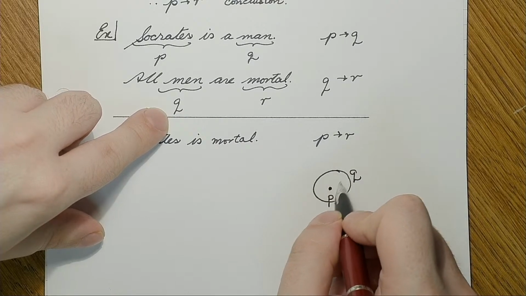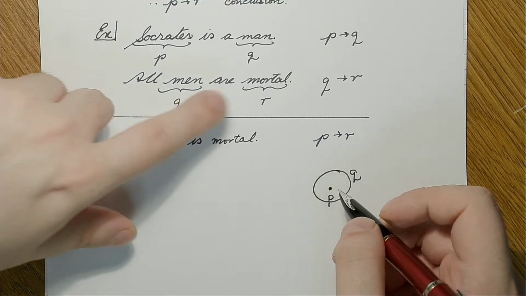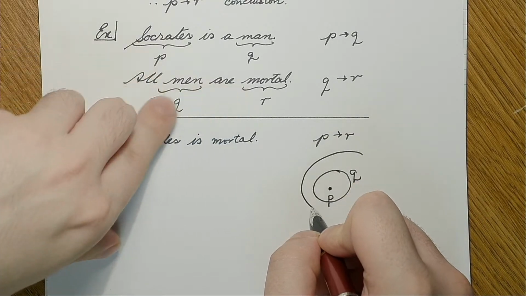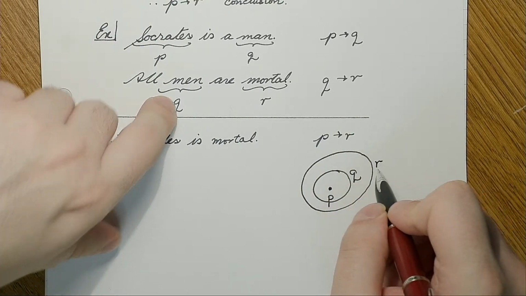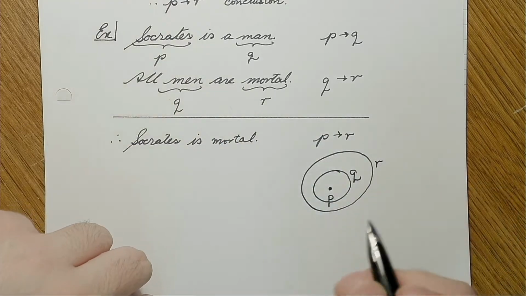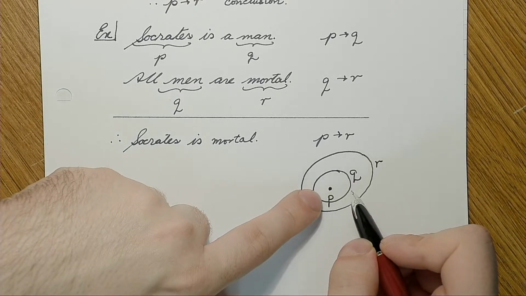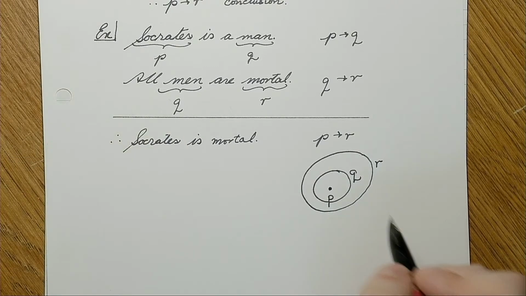So again, he's inside the circle of man. And then all men are mortal. So that means that the circle Q has to be inside R. And so we also see then that P is also inside of R. So Socrates is mortal.